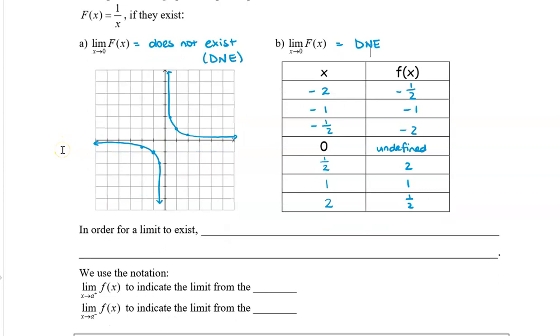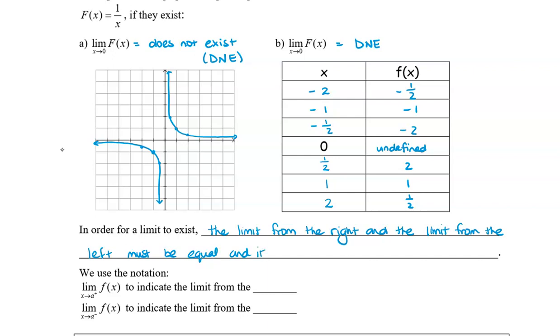All right, now in order for a limit to exist, the limit from the right and the limit from the left must be equal, and it must exist.